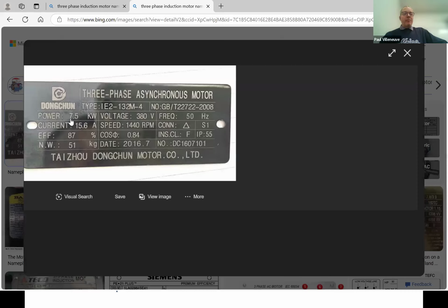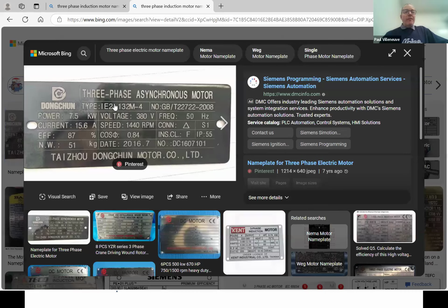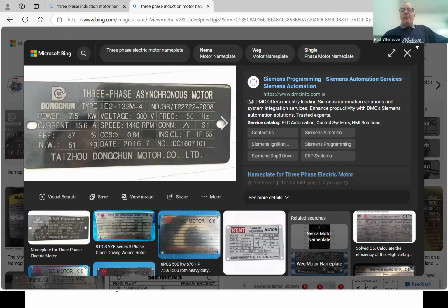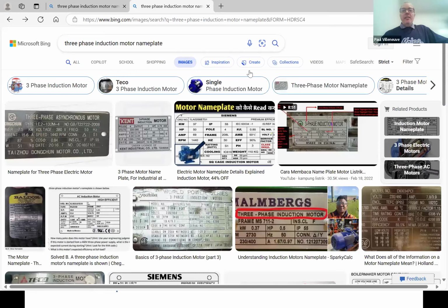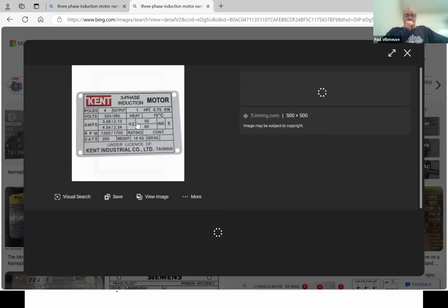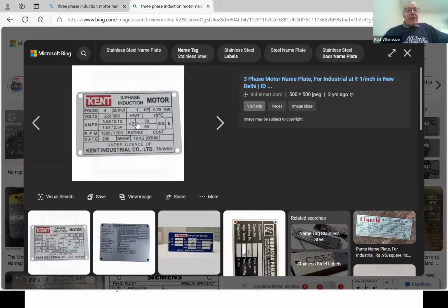Let's just pick one here. Asynchronous motor. So this is a 50 hertz one. You could do it if you wanted to, but it needs a little more calculation. We want to use a 60 hertz. All right, 60 hertz machine here. RPM. This one only runs at about 1700. Not very good, and not a very efficient motor.